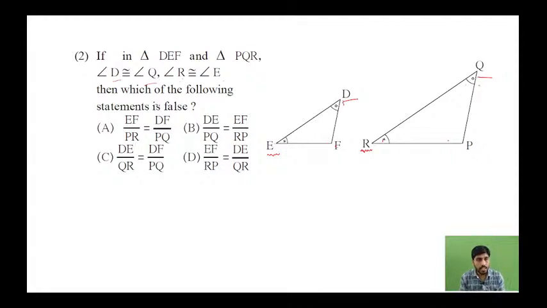So we have to check which of the following statements is true. So first option is EF upon PR, that is this EF upon PR, this ratio is correct, will be equal to DF upon PQ.